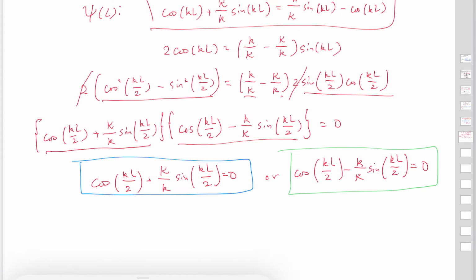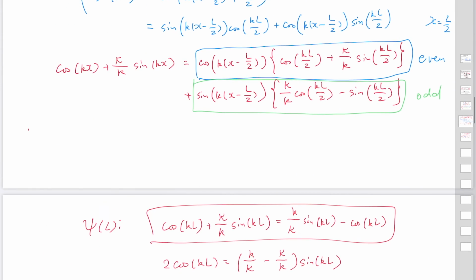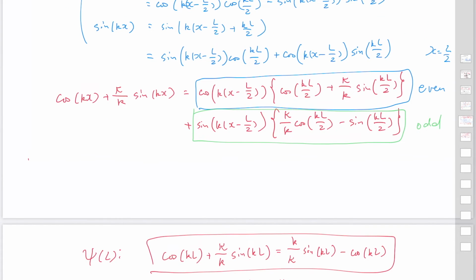In the blue case, this part is going to be 0.